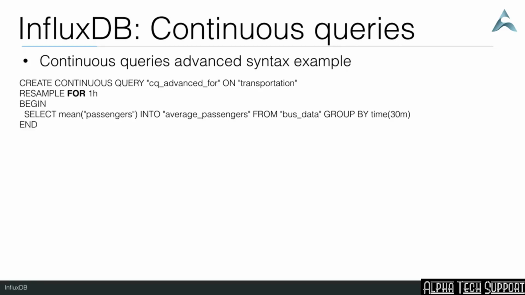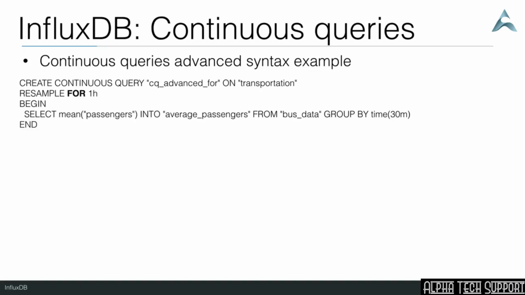It executes at 30-minute intervals, the same interval as the group by time interval. Every 30 minutes, it runs a single query that covers the time range between now and now minus the for interval, that is, the hour prior to now.